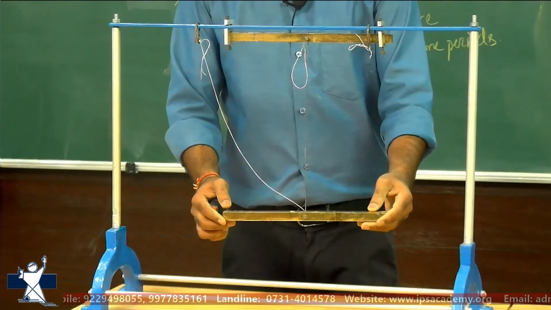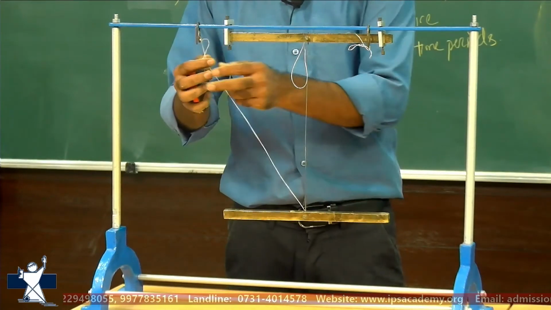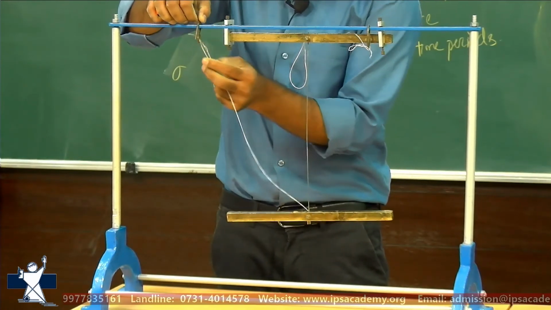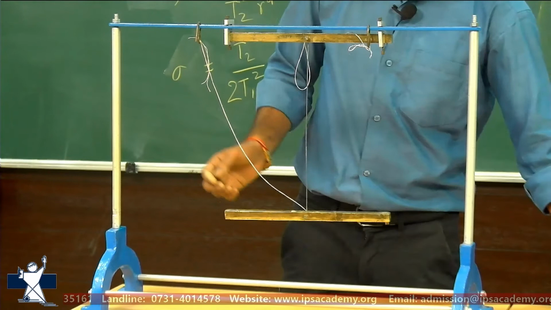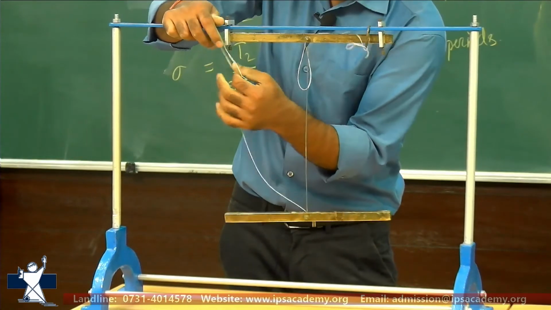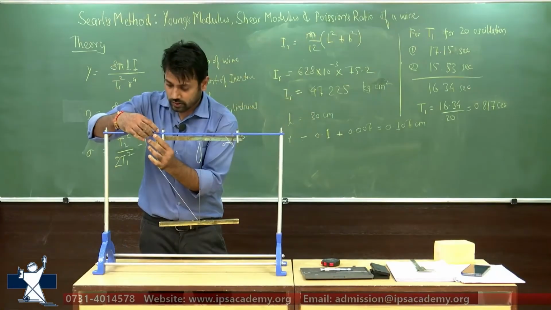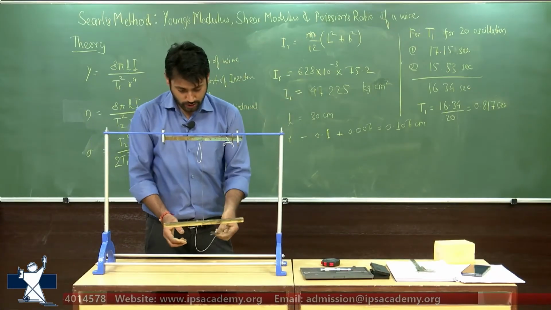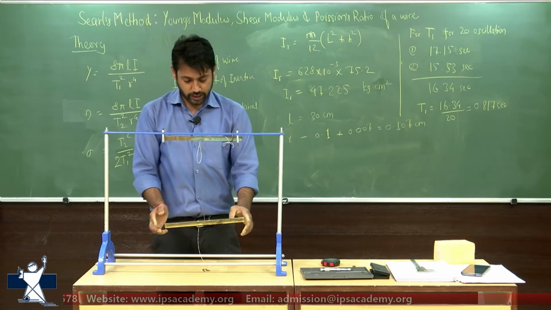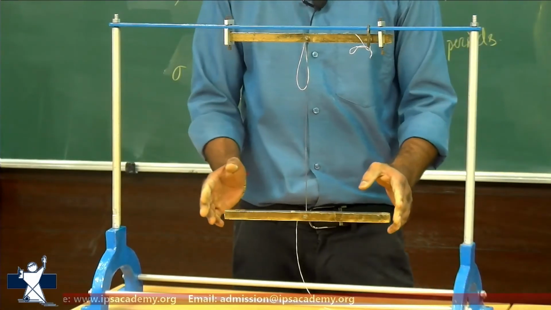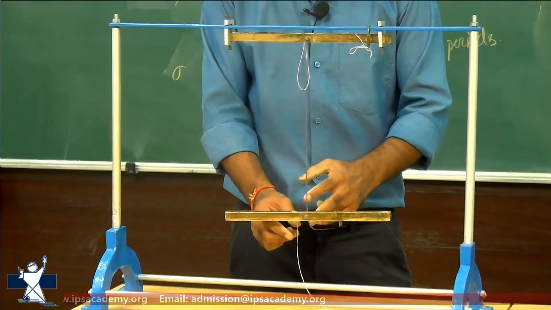Ideally these threads should be cut off, but I am going to leave them there right now. I am going to put it down simply because it's almost weightless, so it's not going to affect our experiment.